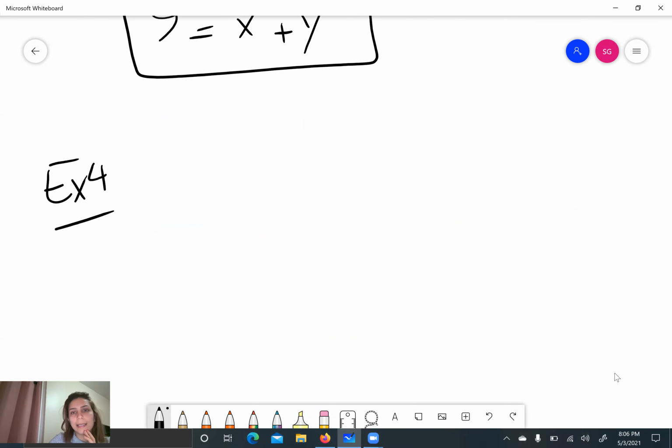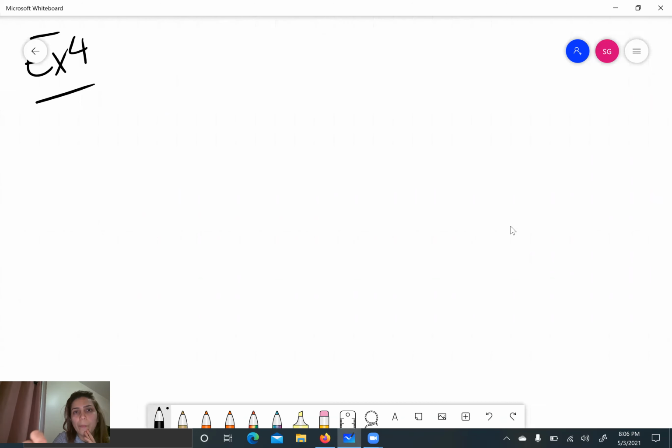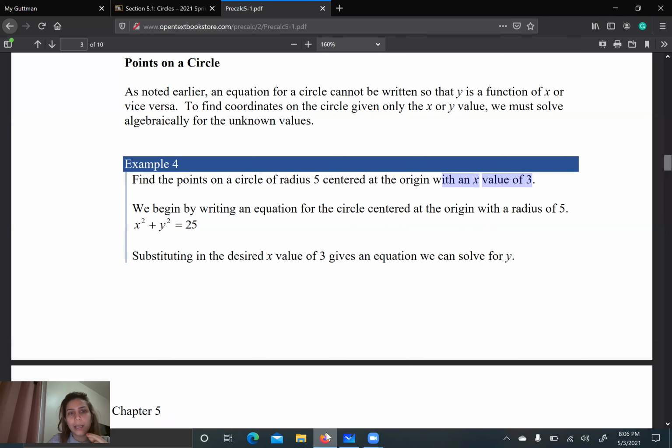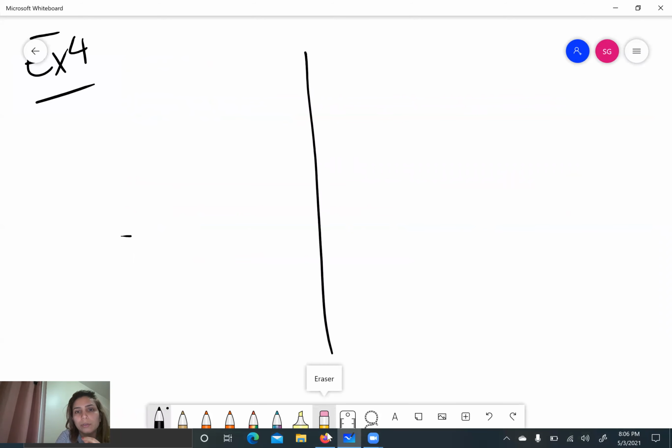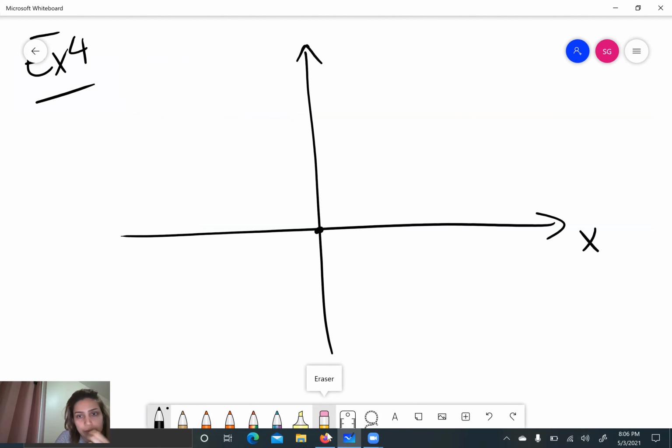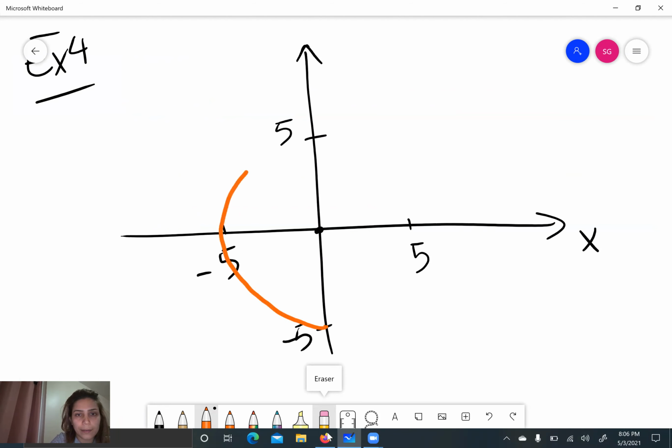So the question says we have a circle, right? I'm going to draw the circle. It's going to give you a good idea. Radius is 5, center is the origin. So we have a circle centered at the origin with radius 5, roughly something like this.